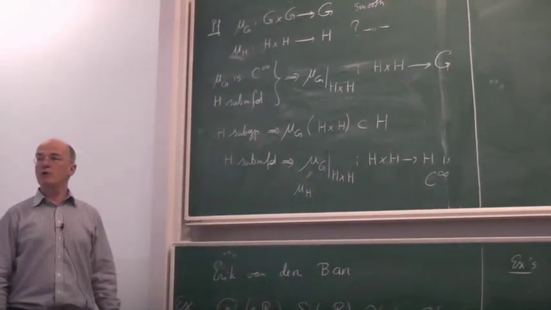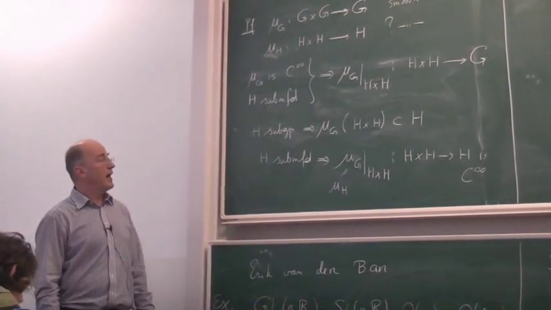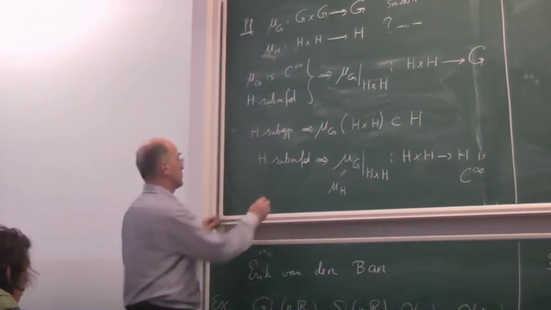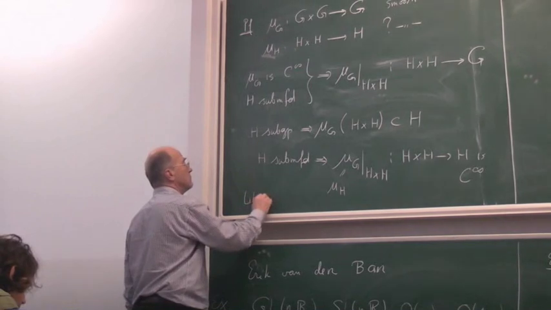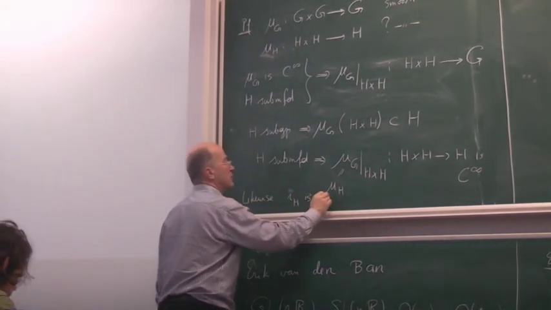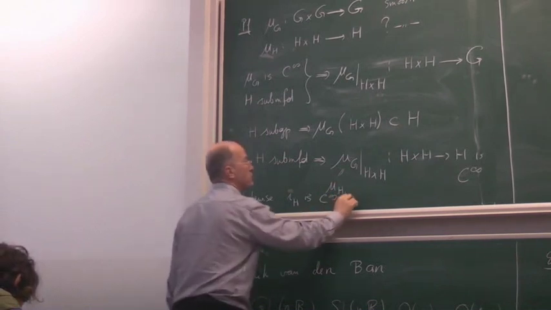So we've shown that mu H is smooth, and by a similar argument we show that the inversion map is smooth. So likewise, the inversion map of H is smooth. And this is basically the proof.